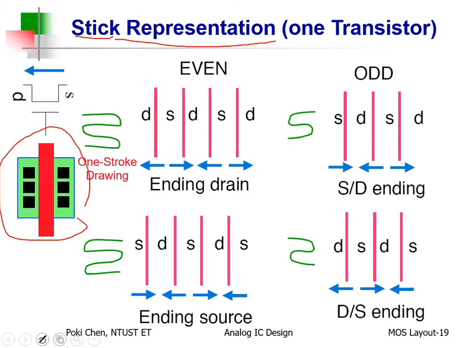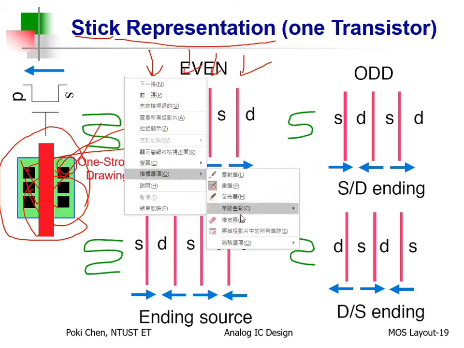But to simplify the procedure, I would like to use only sticks, small sticks, to replace this, because it is too complicated to draw. So each stick here means one finger of the transistor. Got it?